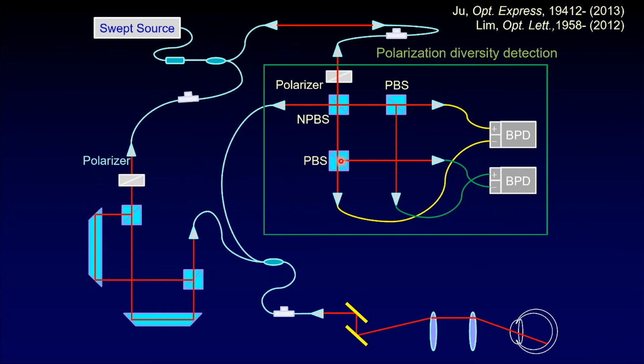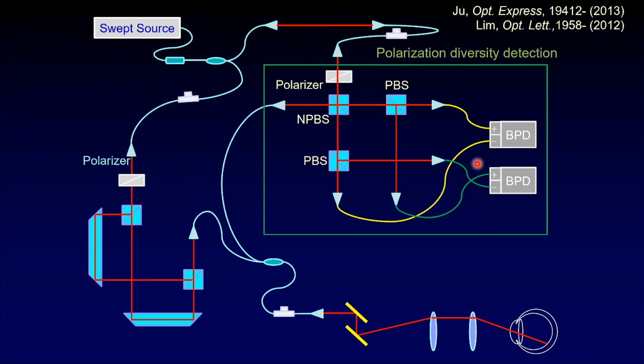I've explained it once, but it is something similar to balanced detection. So we have two interference signals, and the phase of the interference signals is offset by pi, so that the peak becomes valley, and the valley becomes peak. By subtracting these two signals, we can achieve high sensitivity detection. It's balanced detection, right?